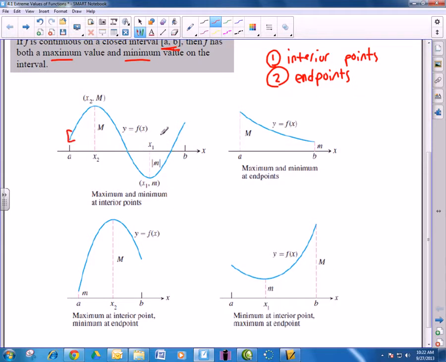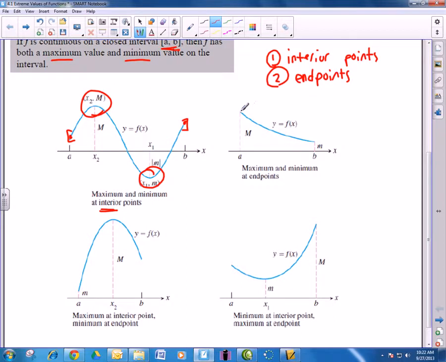So here we have a closed interval, so these are dots that are circled in, and you notice that we have a maximum here and a minimum here. Now these are the interior points, so they are between your endpoints.